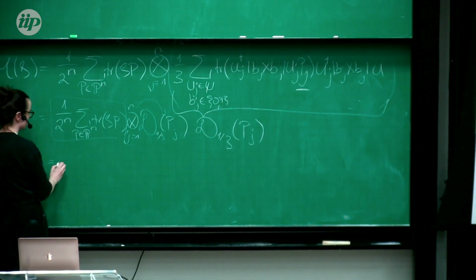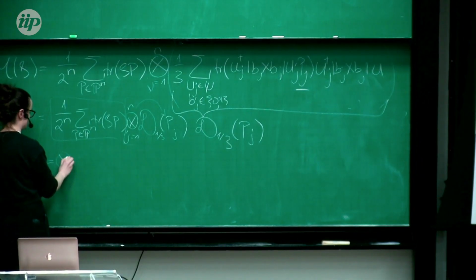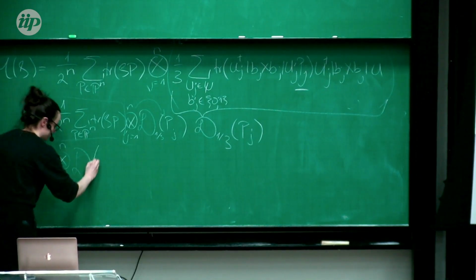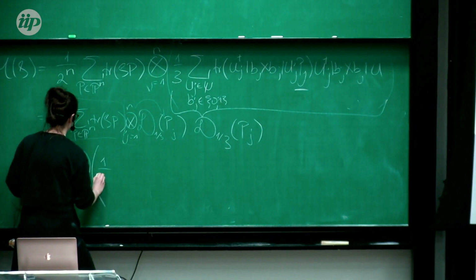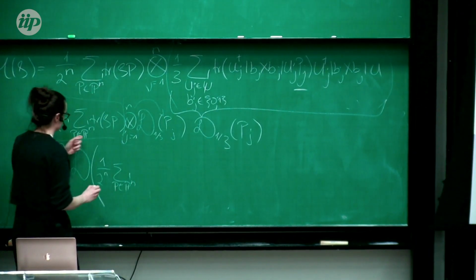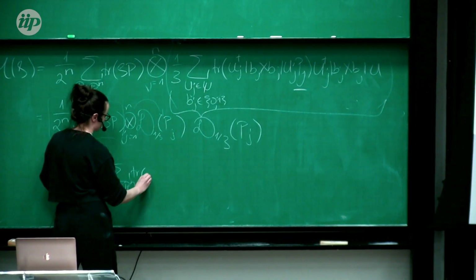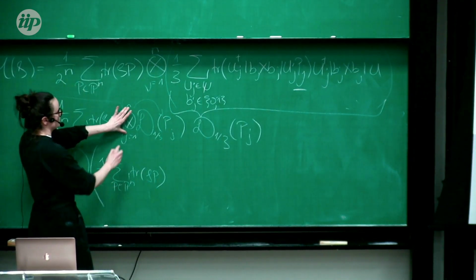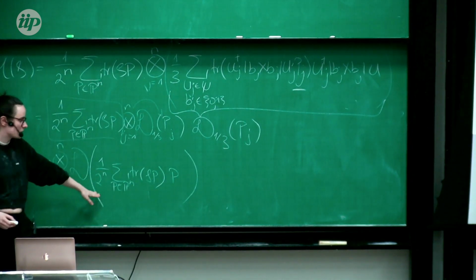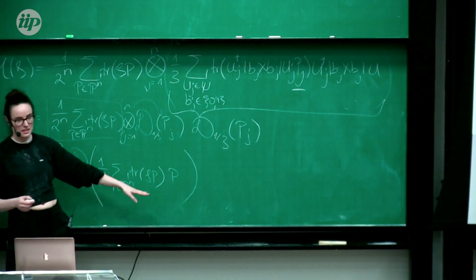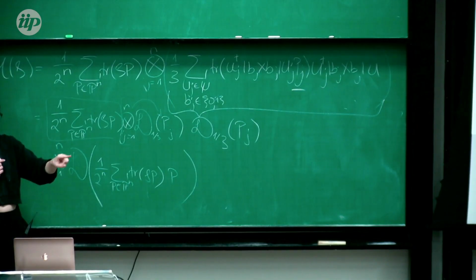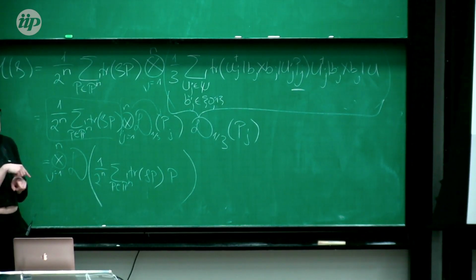So in the end, this is the tensor product over j from 1 to n of the depolarizing channel, trace of rho p, and then we have the tensor product over our p_j's, which is just our p. Who recognizes this expression in the depolarizing channel? I see nodding. Okay, you recognize it. Can you also tell me what it is?